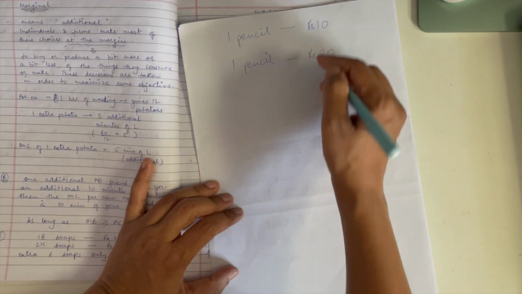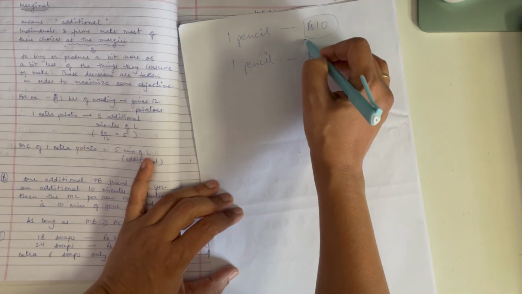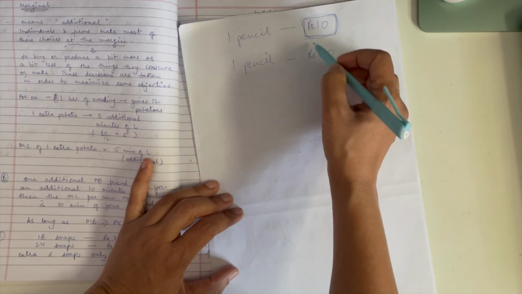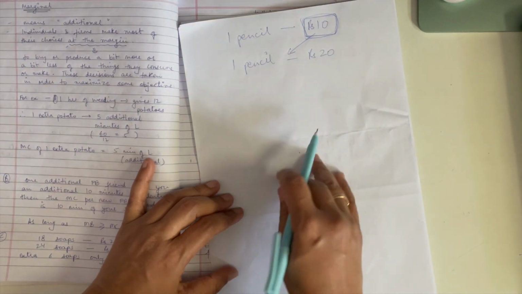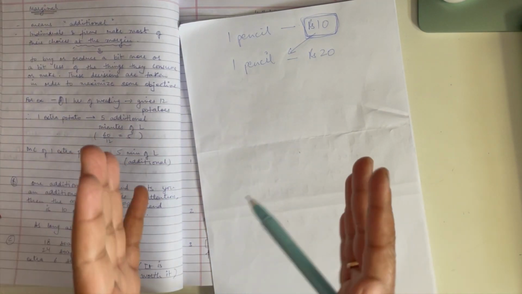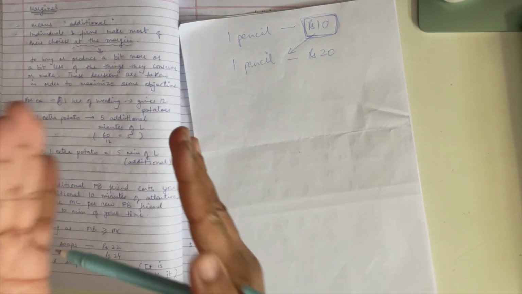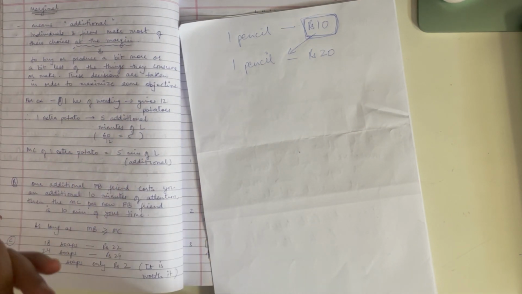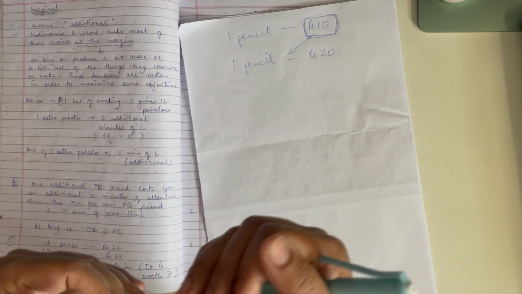So earlier, if you have just rupees 10, then you can buy only half of that pencil now. Correct? That is, with the same amount of money, you buy less. That's what it means, that inflation erodes your purchasing power.